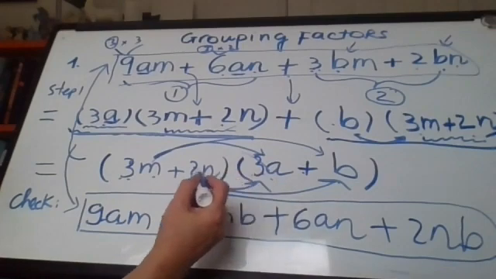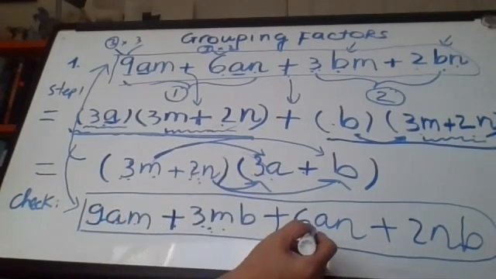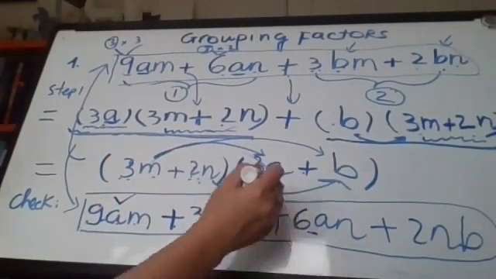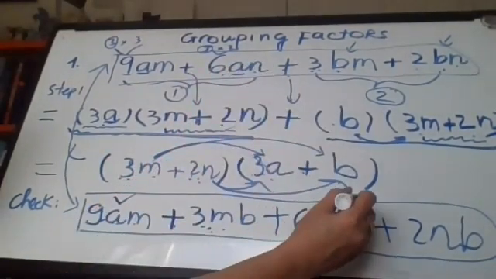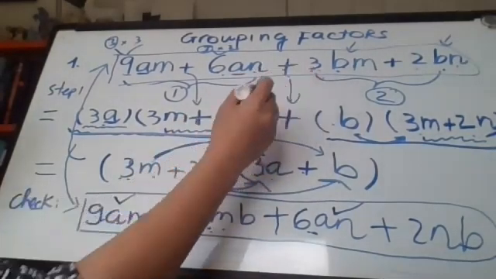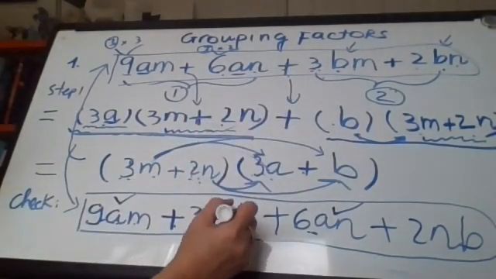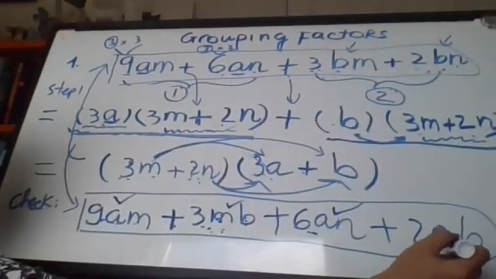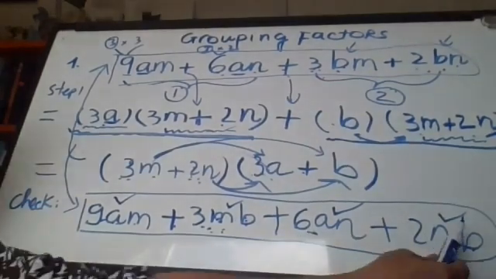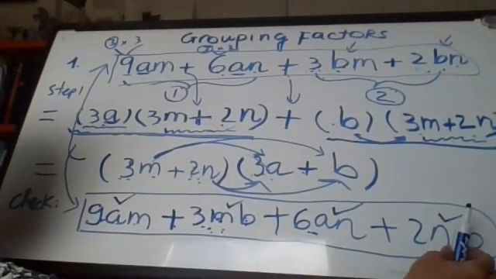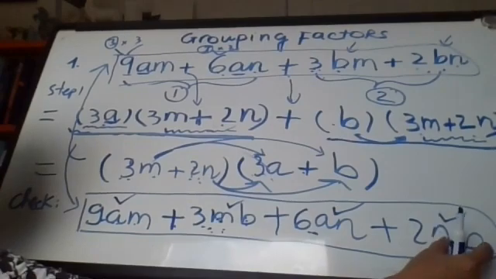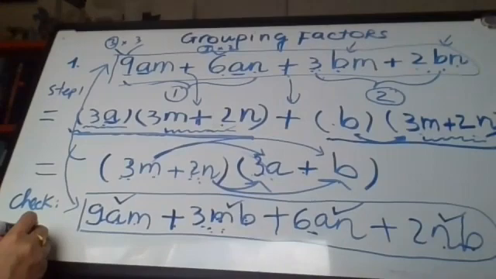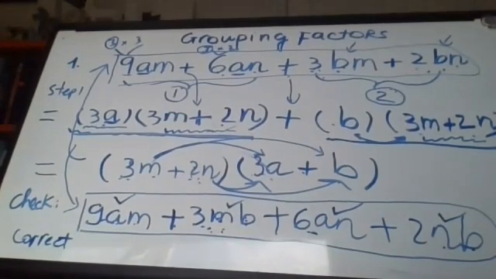Okay, 3 times 3, 9AM. Oh, 6AN is here, right? So this is correct. 6AN, I have 6AN here, correct? 3BM, 3MB, BM, MB the same, right? Correct? 2BN, 2NB, same, right? The order of the letters doesn't matter, right? NB is the same as BN. So everything is correct. So that's how I do grouping factor.